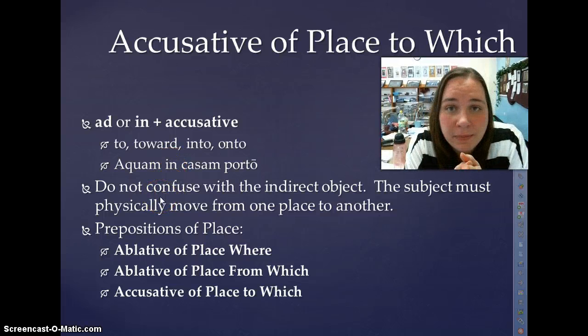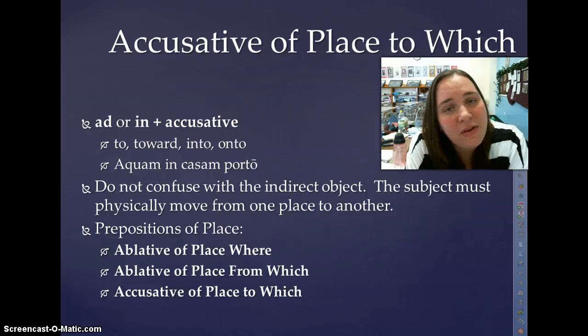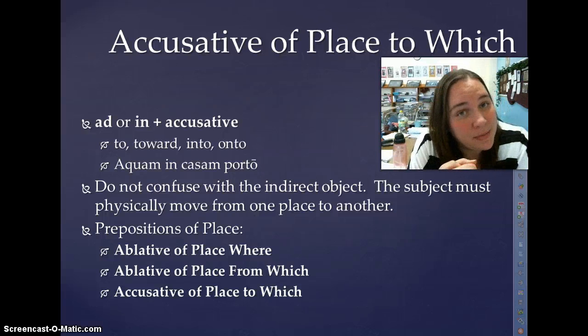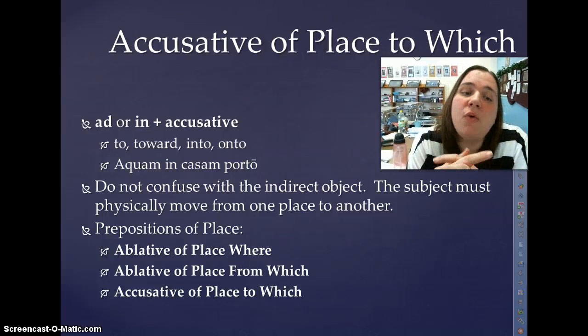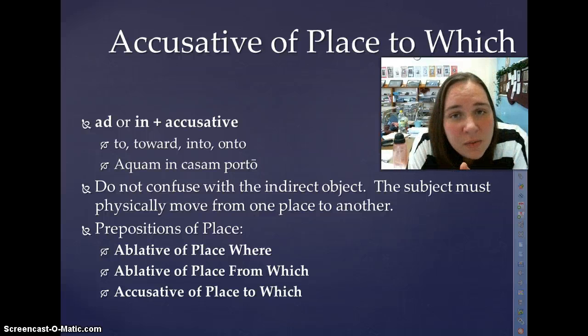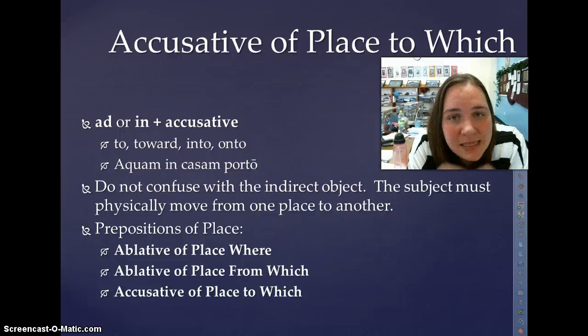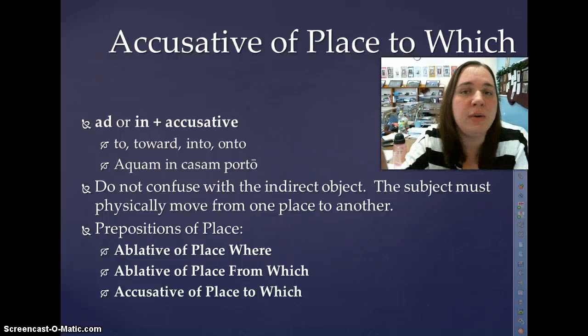Remember when we started learning ad plus the accusative, we talked then about not confusing ad plus the accusative with the indirect object, which also sometimes translates to. Remember, for accusative of place to which, the subject of the sentence must physically move from one place to another.